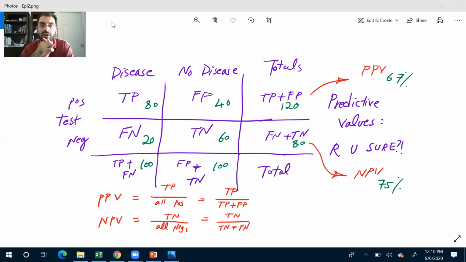How sure you are about a negative test is the negative predictive value. If you're talking about a positive test, the answer to the patient's are you sure is positive predictive value. If you're coming up with a negative result, the answer is negative predictive value.